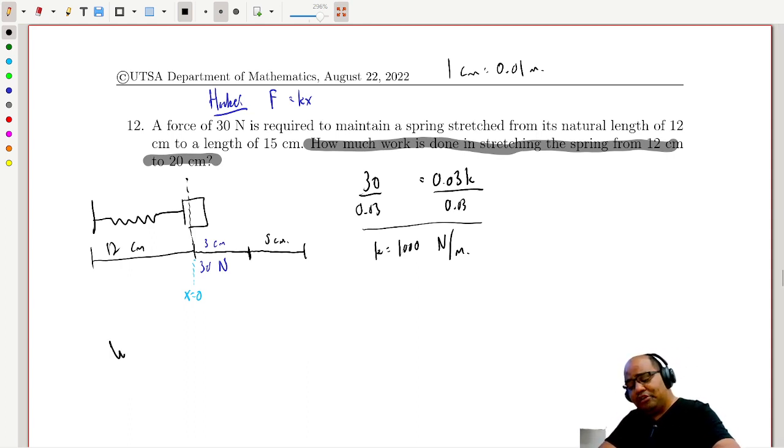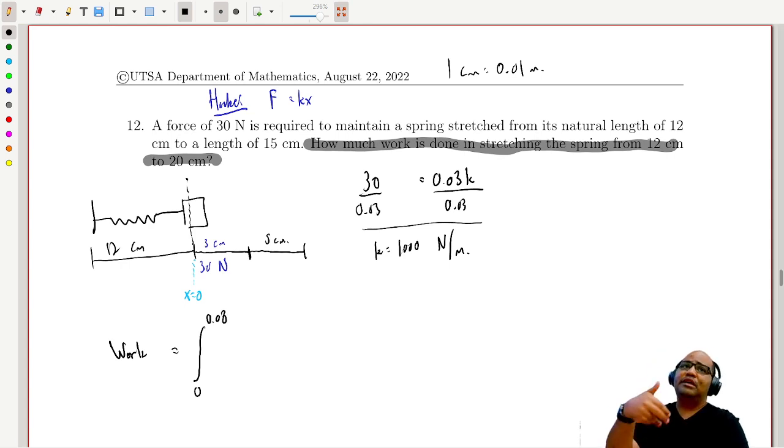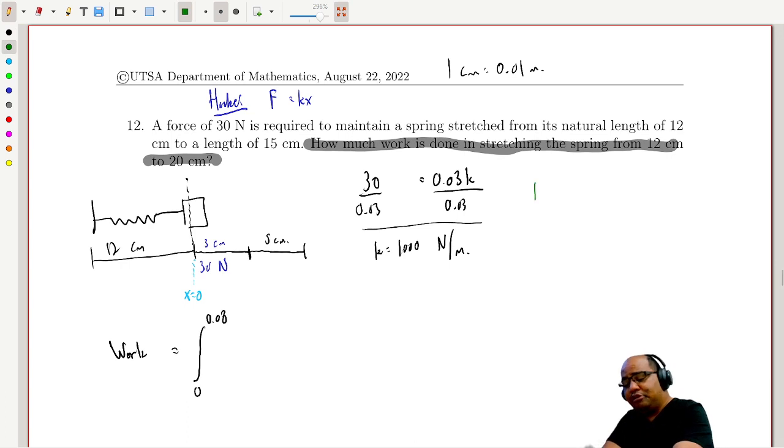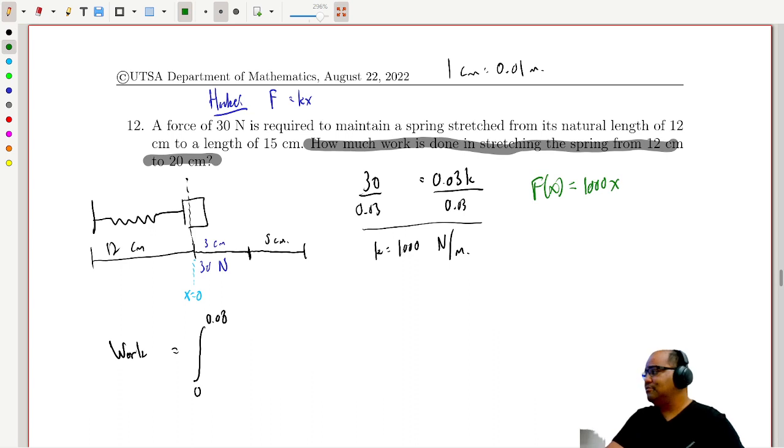So the work done in this process, the energy in this system, you're going to integrate from 0 to 0.08, because we want the length in meters from the natural position, the equilibrium position. We're going to integrate our force function, which let's make a little more clear here. Our force function is 1000x, and now we just toss that in as our integrand here. It's very simple, powerful work.